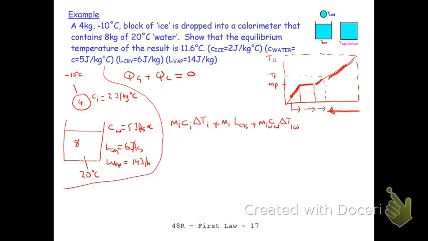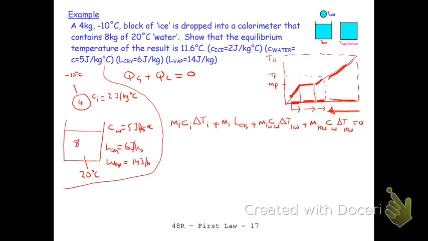So those are those first three, added to the mass of the hot water times specific heat for water times the temperature change for the hot water equals 0. So it's that bit plus that bit plus that bit plus that bit. And three of them are going to be positive and one of them is going to be negative, and it's going to work out.